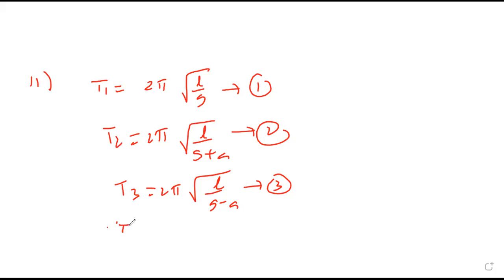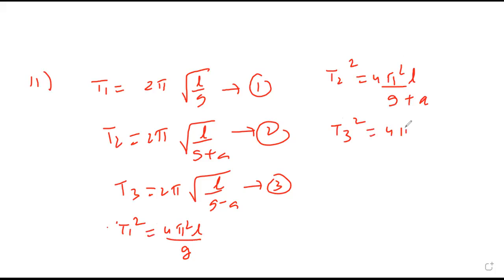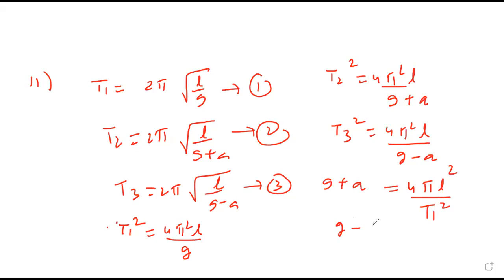Since T1 squared will become 4 pi squared L by G, T2 squared will become 4 pi squared L upon G plus A, T3 squared will become 4 pi squared L upon G minus A. So G plus A is 4 pi squared L upon T2 squared, and G minus A is 4 pi squared L upon T3 squared.